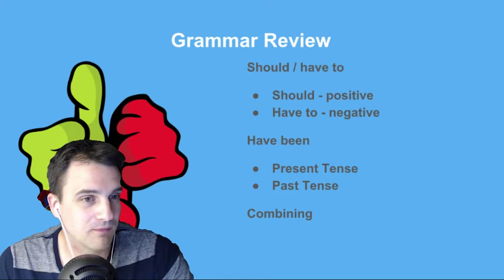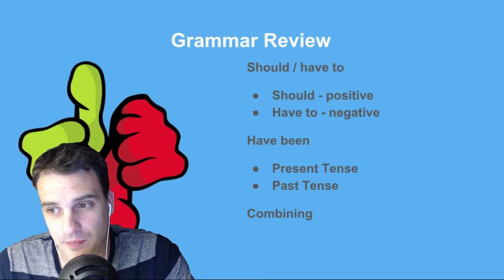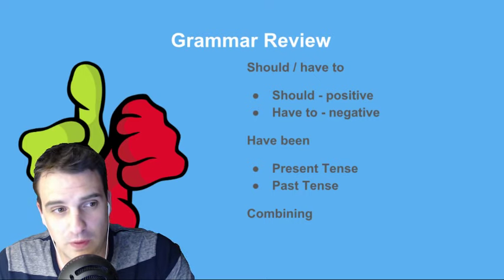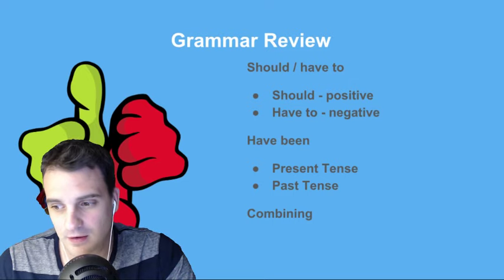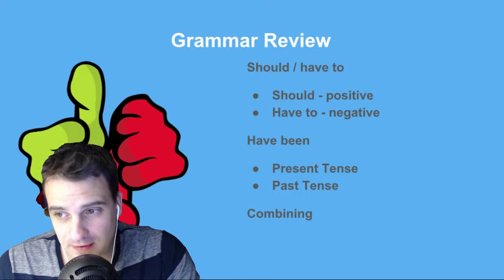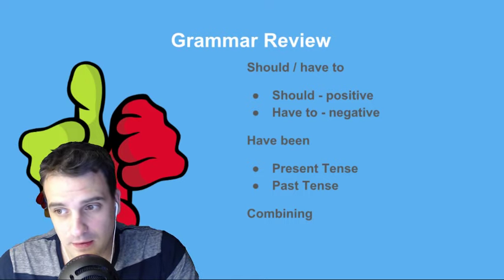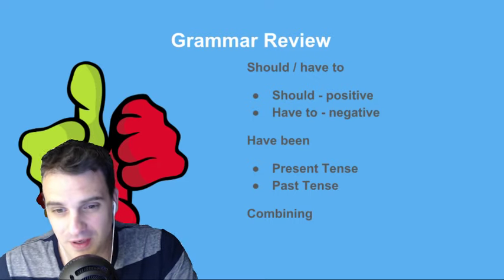So, have been is pretty easy. And one thing we didn't talk about two weeks ago was the past tense for have been. Have been past tense is very easy to make, but it might be difficult to use.